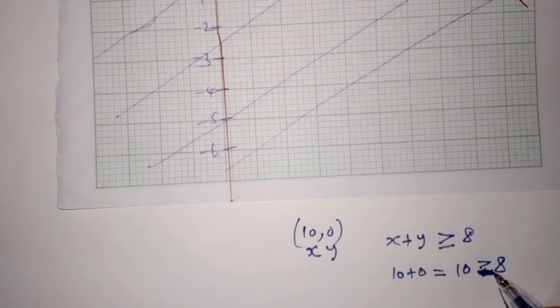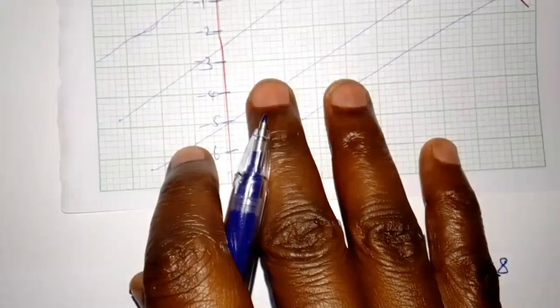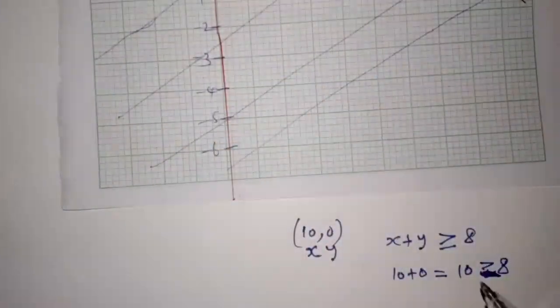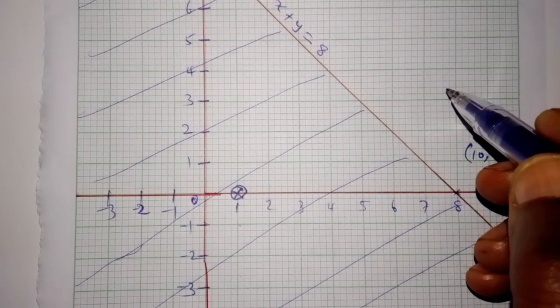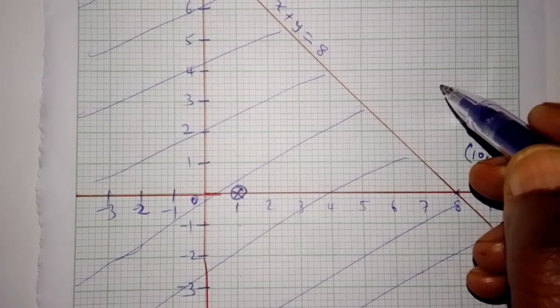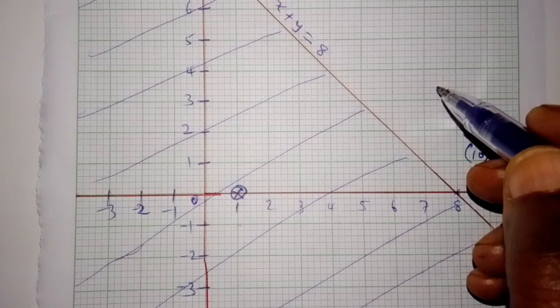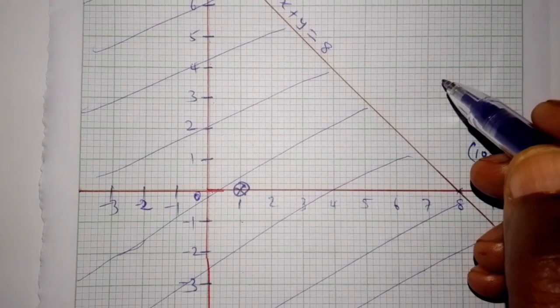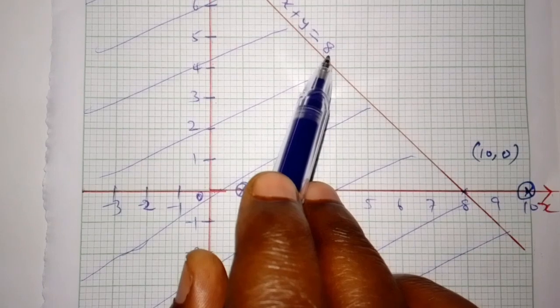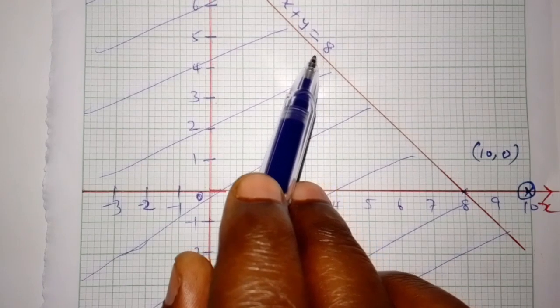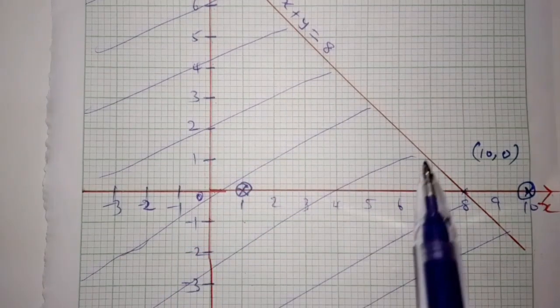So we can say that this point here, 10 is greater than 8, so this region satisfies our inequality. And this line is x plus y equals 8.